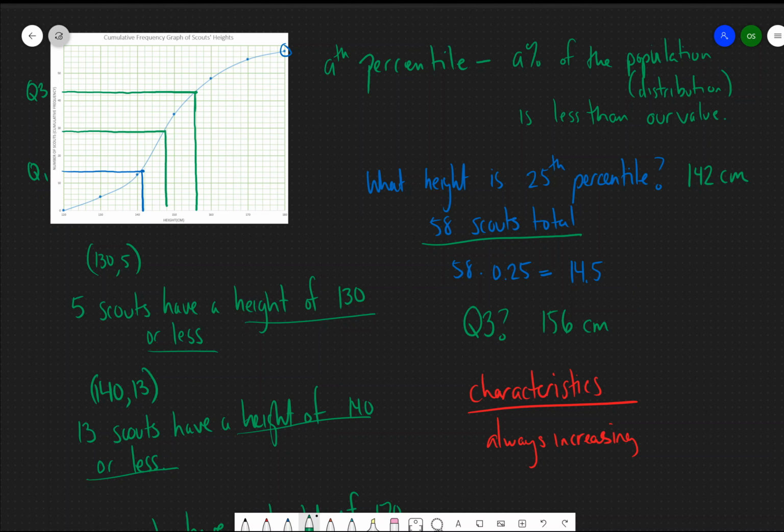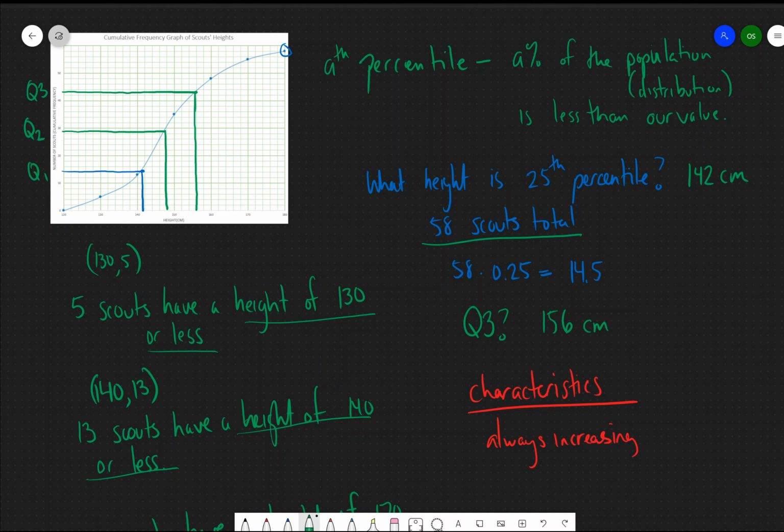So this would be Q2, or the median for the data. So I can see by getting these numbers, you can even start to convert this cumulative frequency graph into a box plot. So that way you can describe what is happening with the distribution. So that's one of the uses for our cumulative frequency graph.